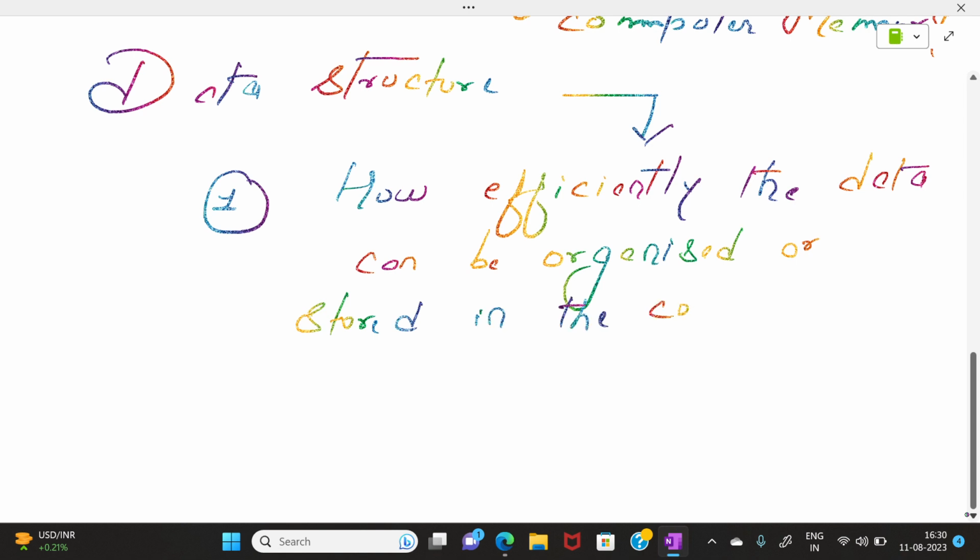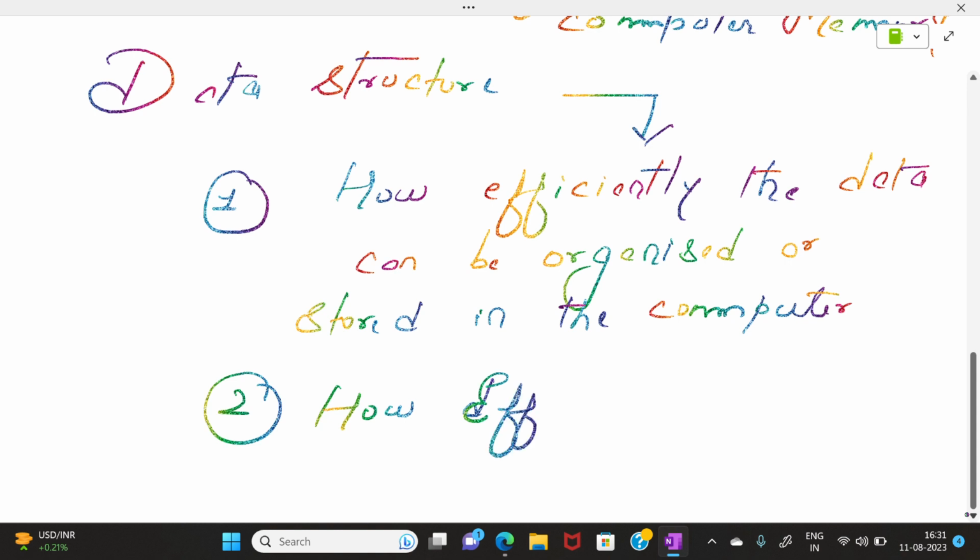This is the very first thing: the organization and the storage of data in the computer. Okay, the second one is how efficiently data can be retrieved or manipulated.